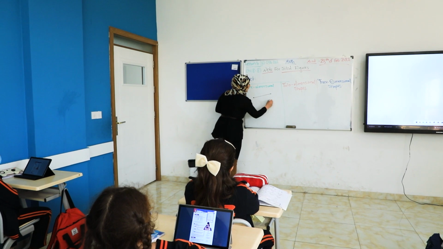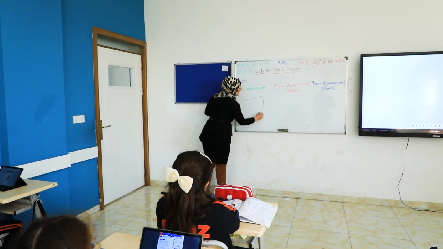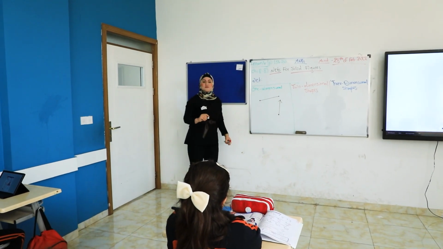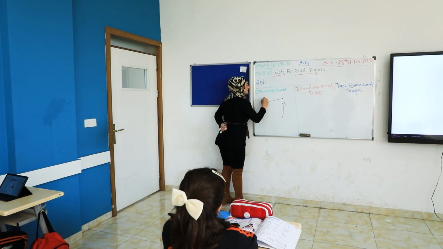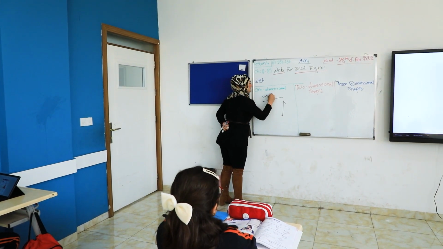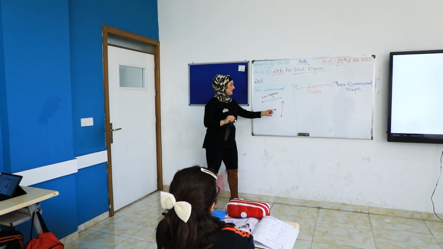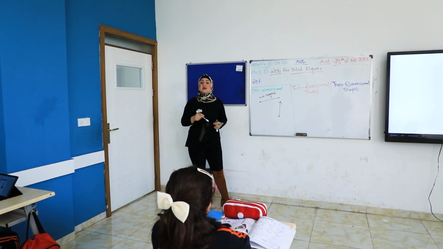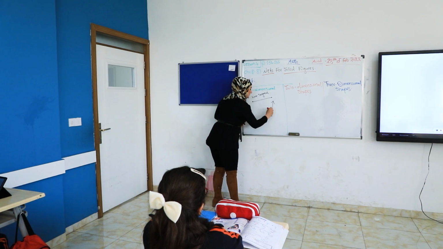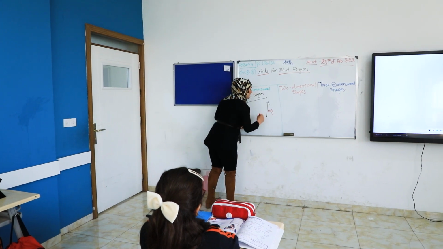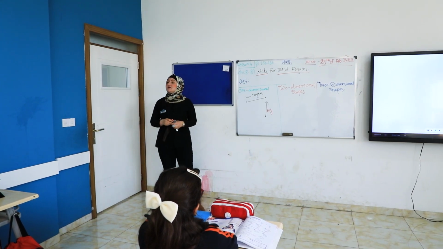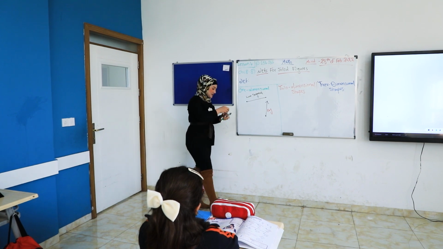What about the other one? For example, what do we call this? It's a line segment. What about this one? It's a ray. Is it one dimension? It's one dimension.